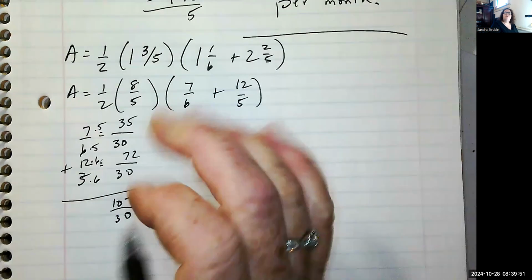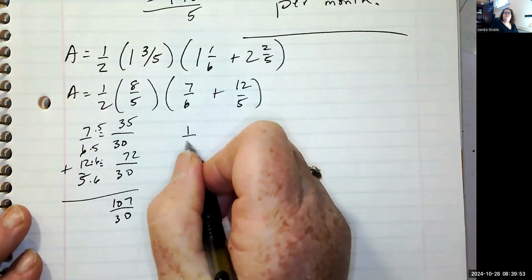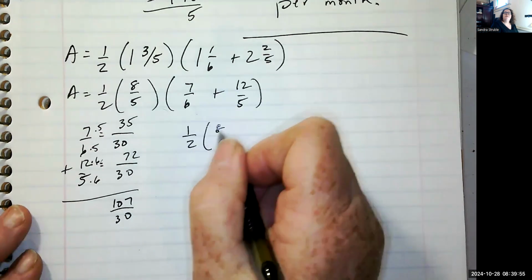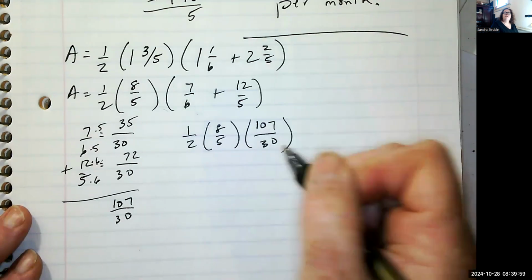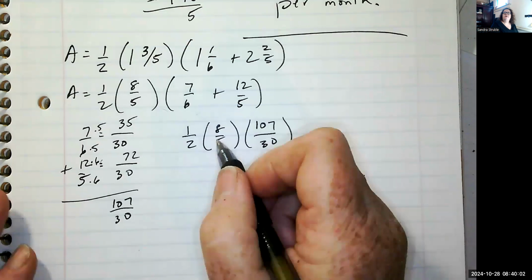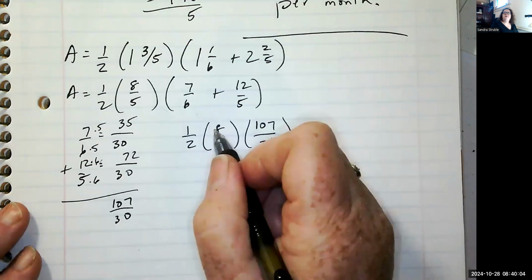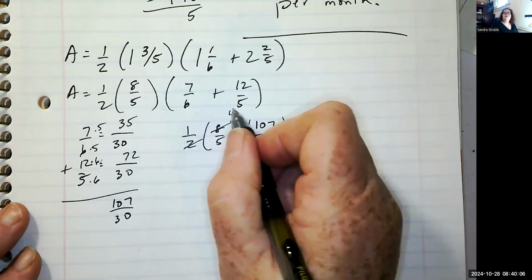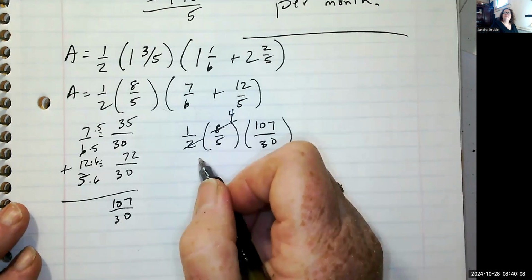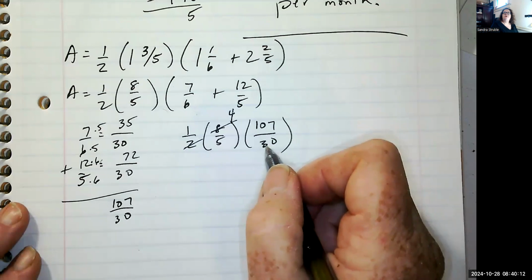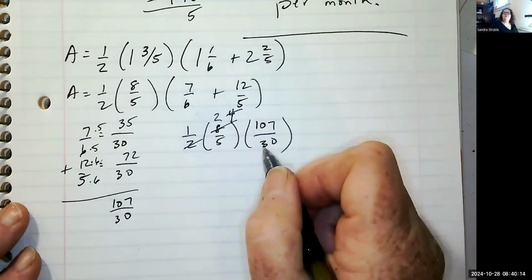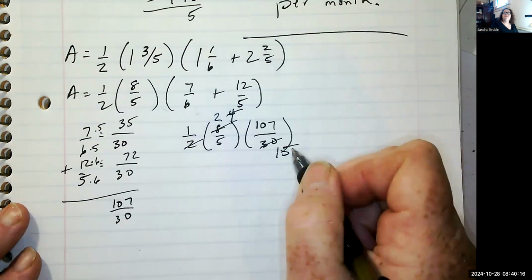So I'm going to leave that as improper because I have 1/2 times 8/5 times 107 over 30. If I can reduce these, I will. 5 will not reduce, but 8 and 2 will reduce and give me a 4. 4 and 30 will reduce. They're both divisible by 2. 2 goes into 4 2 times. 2 goes into 30 15 times.